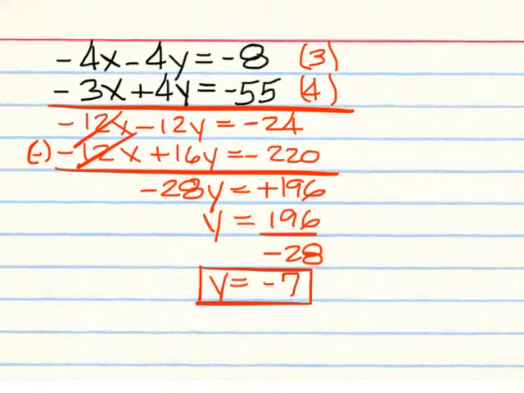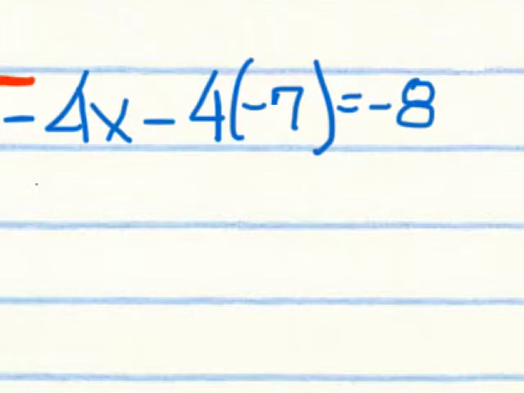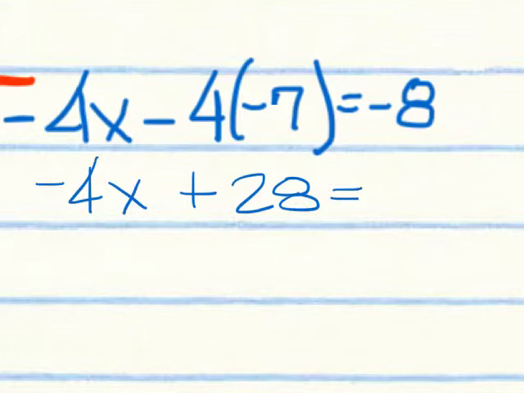Plug that back into one of the original equations. I'm going to do this one here on the top. That would be negative 4x minus 4 times a negative 7, and then that equals negative 8. We'll zoom in on this one. So a negative 4x plus 28 equals negative 8.